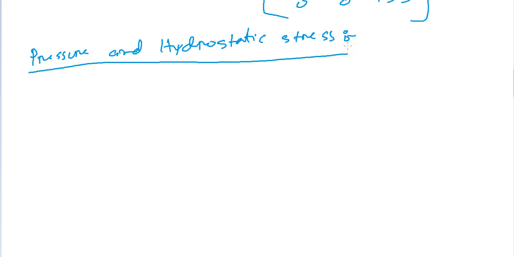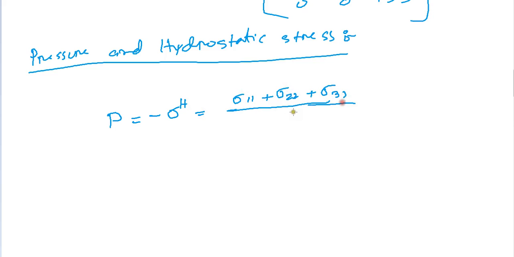Pressure is simply the negative of hydrostatic stress. That means if pressure is denoted by P, then P equals negative of sigma 11 plus sigma 22 plus sigma 33 divided by 3.